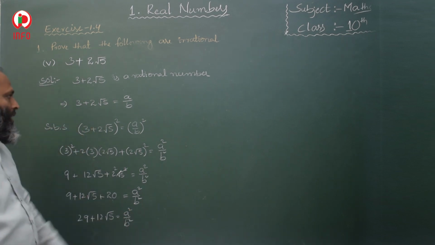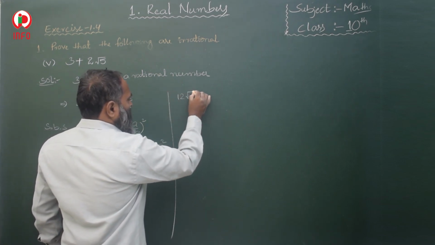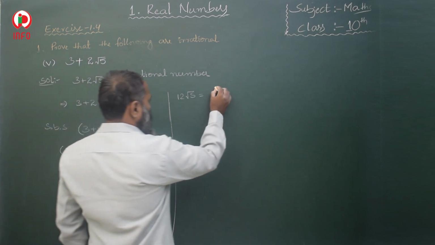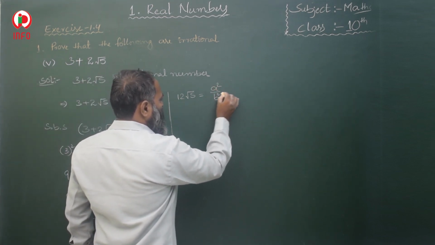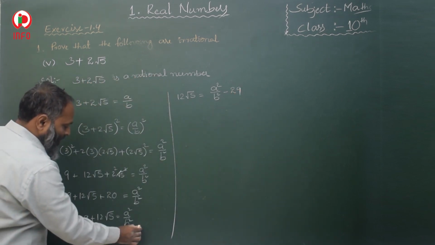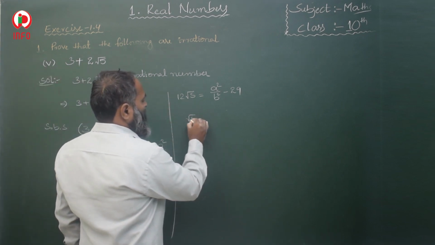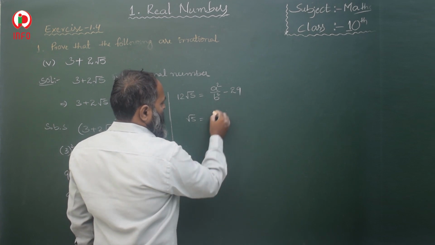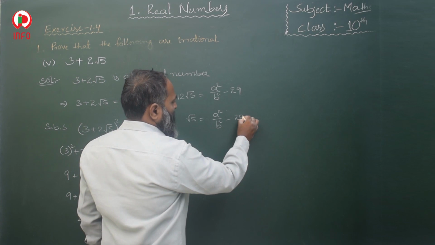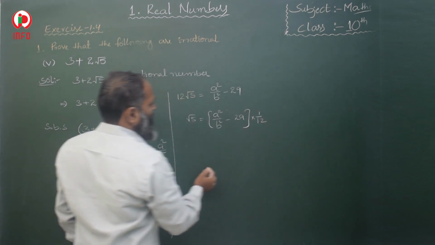Now transpose 29 there. Then 12 root 5 is equal to a square by b square minus 29. Now if again you transpose 12 here, root 5 is equal to a square by b square minus 29, into 1 by 12.